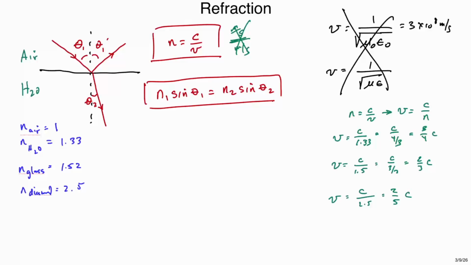Let me show you a video of refraction in action. I didn't mean for that to alliterate, but it did. The beam is both refracted and reflected at the surface. This is the reflected beam, and this is the refracted beam.